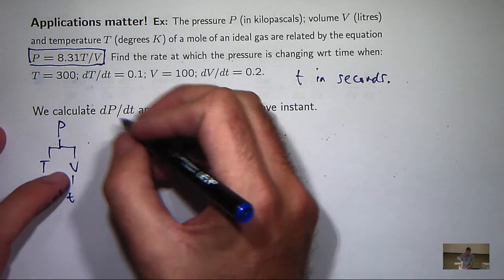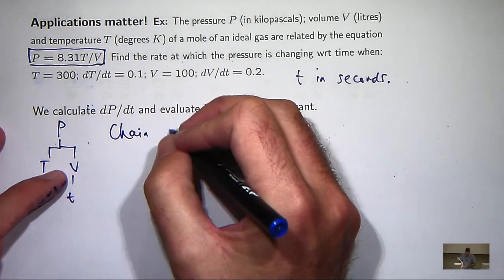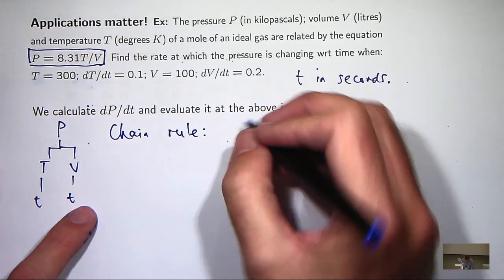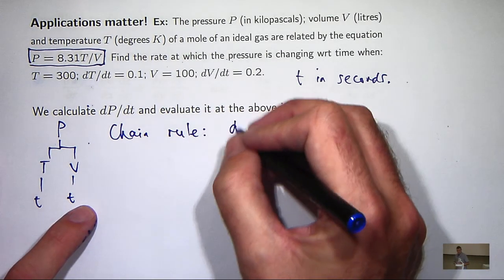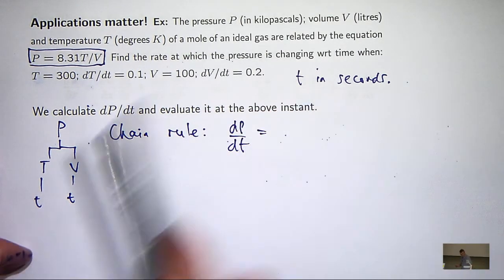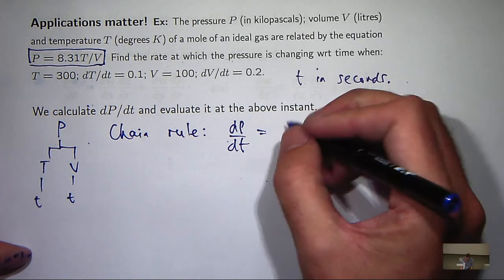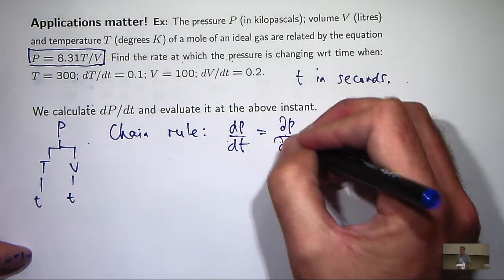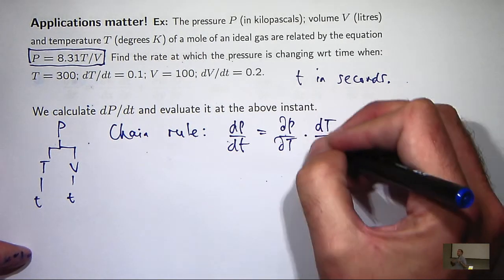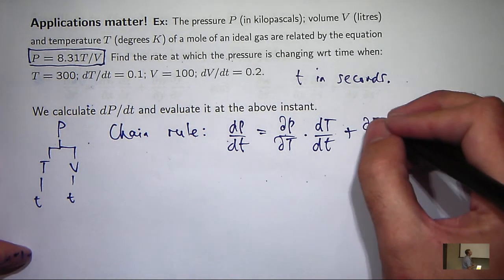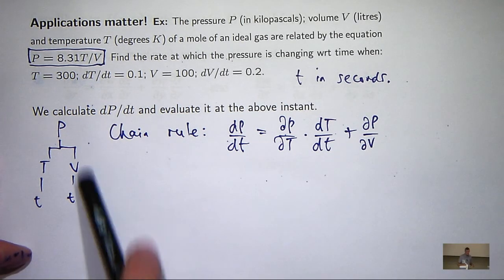So it's going to be the following: dP d big T times d big T d little t, plus the other branch, dP dV times dV d little t. That's an ordinary derivative there.